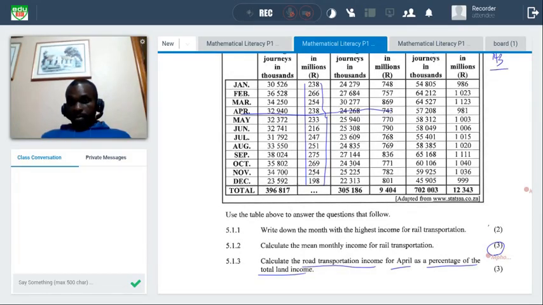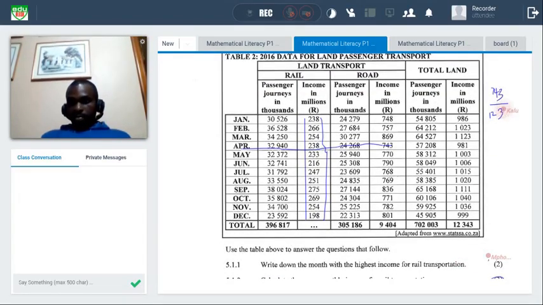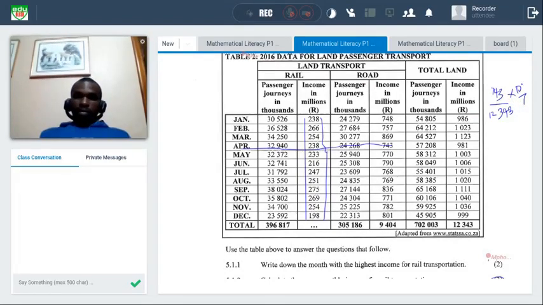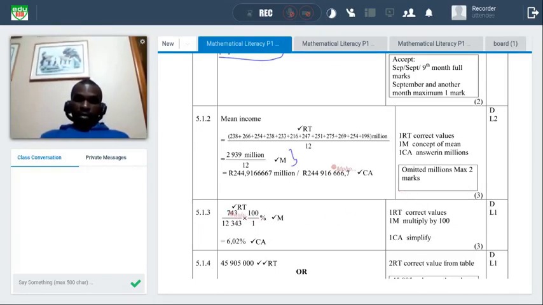Total land income, which is what? 12,343. Then as a percentage it is times 100 over 1. Remember it's million. There's million here, so the millions cancel out. Then you give your final answer as a percentage.